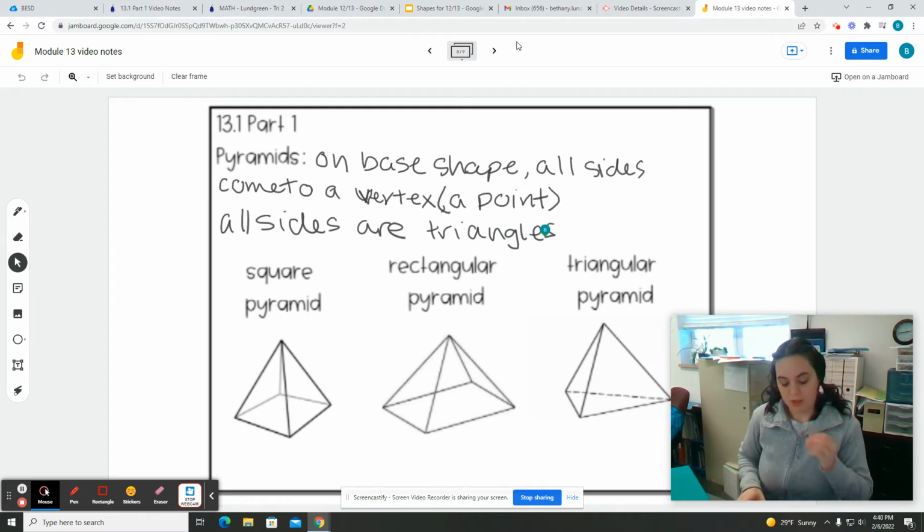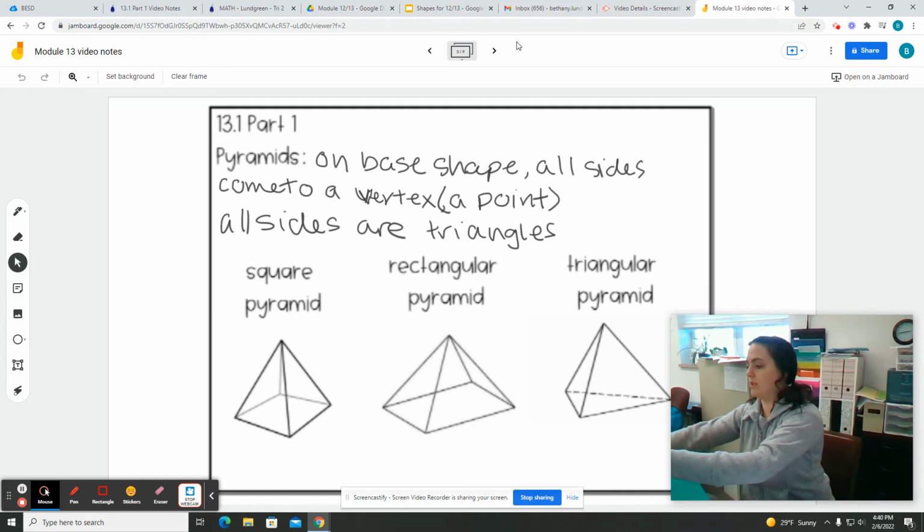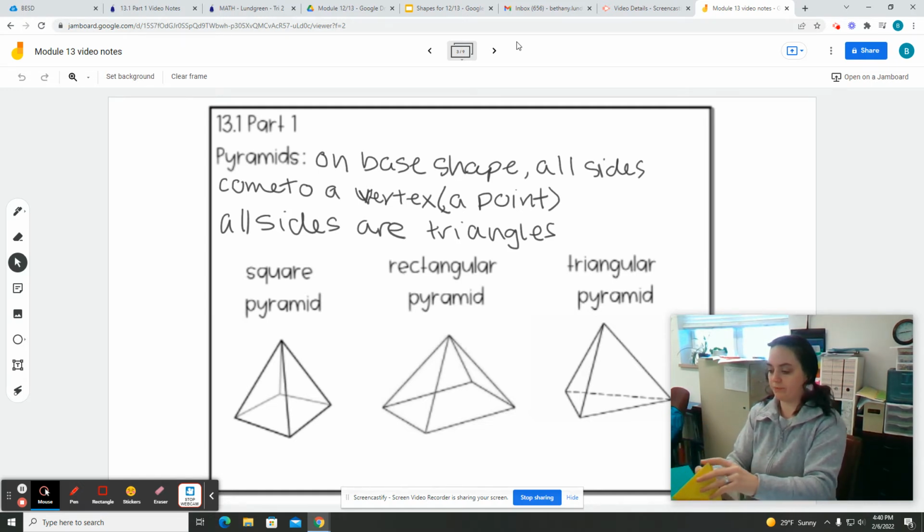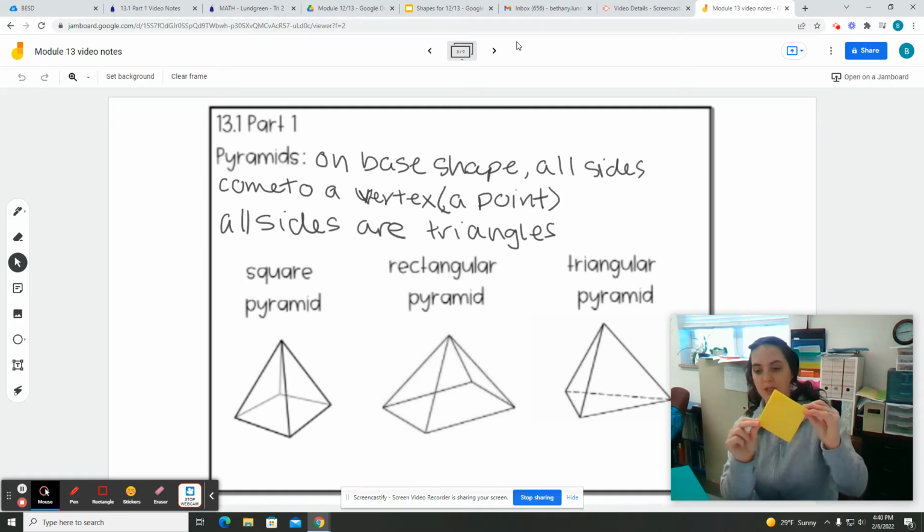Okay. So the first type we have is a square pyramid. We have a square pyramid here. This is a square pyramid where the bottom is a square shape, and then the sides are all triangles, coming to a point at the top, just like the pyramids of Egypt.